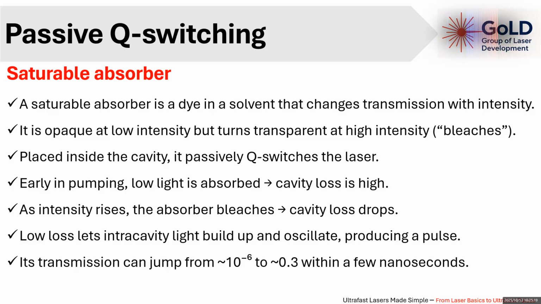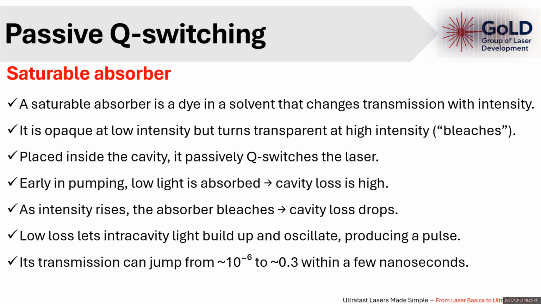These switches are used to generate giant pulses by the Q switching technique. We studied a little bit about how they work. Not in that much detail, but at least you need to know a little bit how it functions.